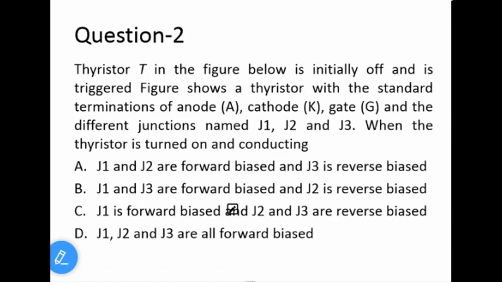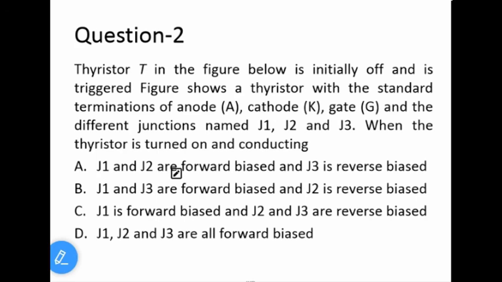When the thyristor is turned on and conducting, it is talking about the conduction mode. In conduction mode, what is blocking the current? Nothing is blocking the current. All regions are forward biased, that's why current is passing from anode to cathode. If any one junction is blocking the voltage, current cannot pass. Therefore all the junctions are forward biased.